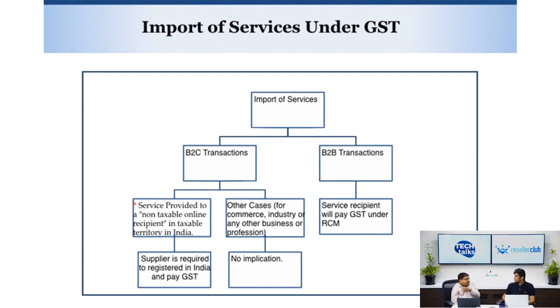This is something they introduced in December 2016, under the service tax regime also. If a supplier is providing services in India but doesn't have any office in India, then he has to get himself registered in India, or through an agent, and discharge this GST, because his place of supply is in India.